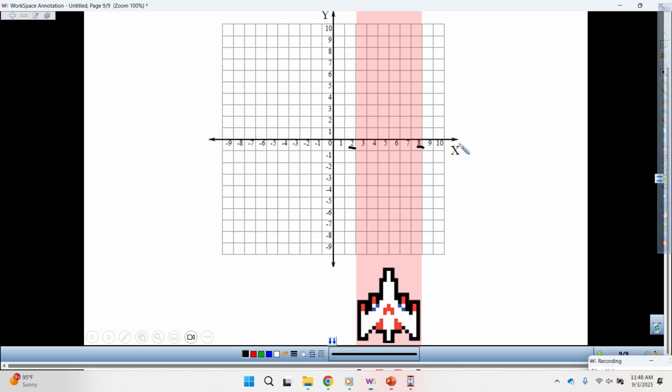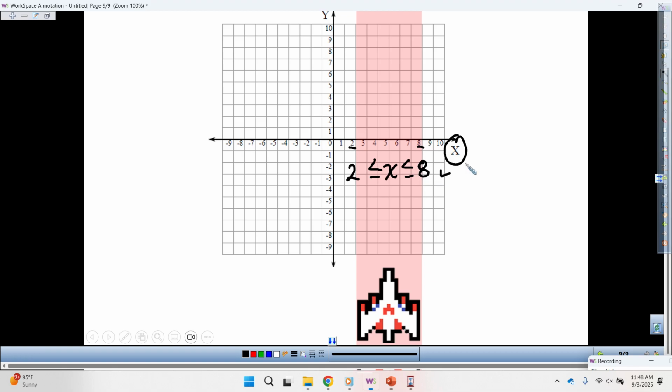Now, check this out. Since we are talking about x, this is what we call the domain. The domain is going to be between 2 and 8. So since it covers everything in between, what do you think we're going to label everything in between? X, that is correct. Arrows to the left. Since it includes the 2 and the 8, we put equal signs.